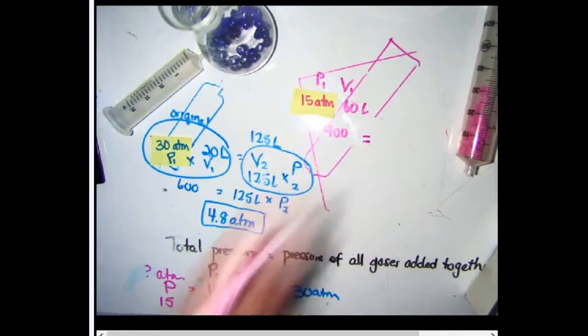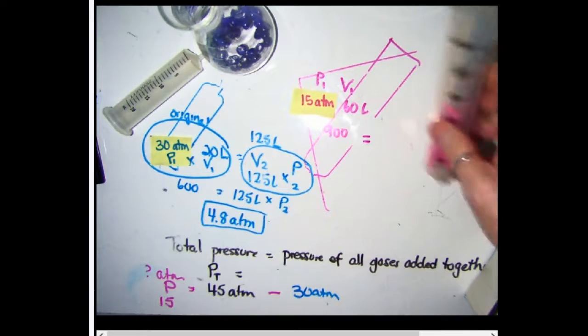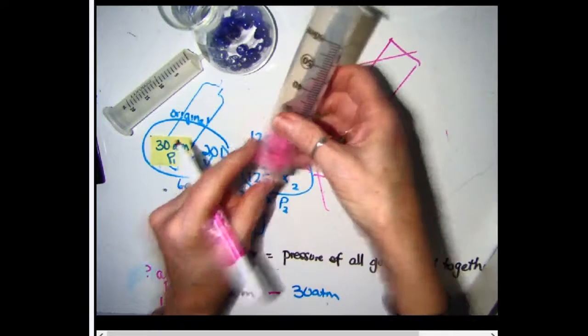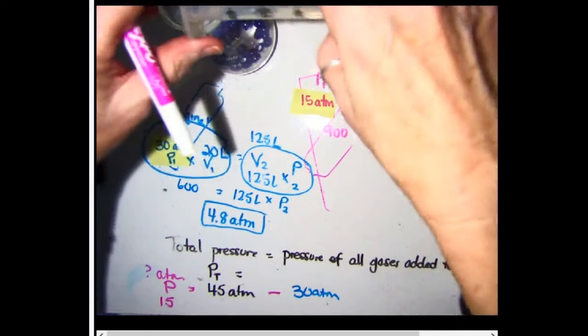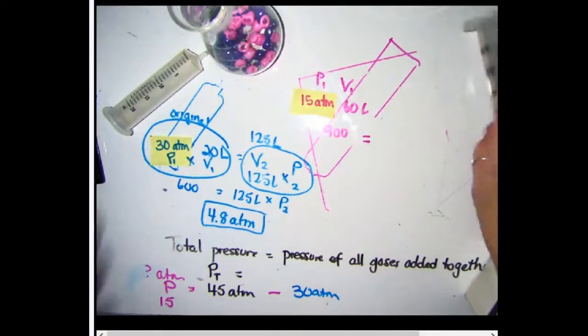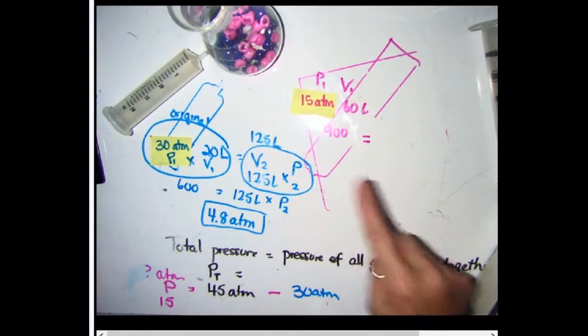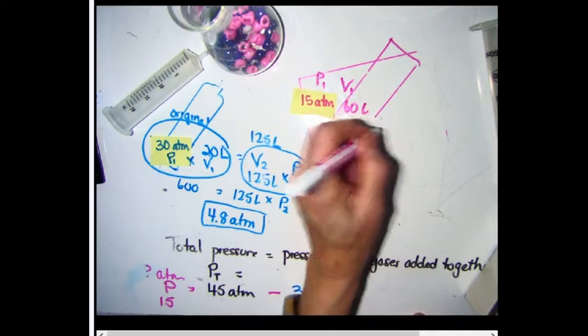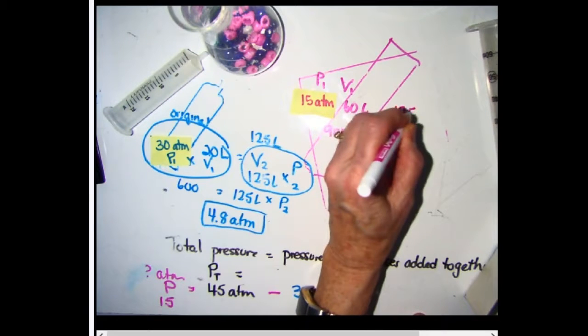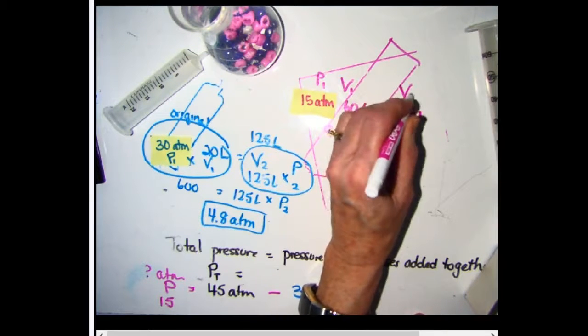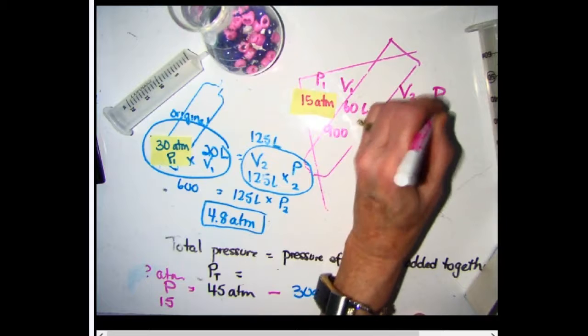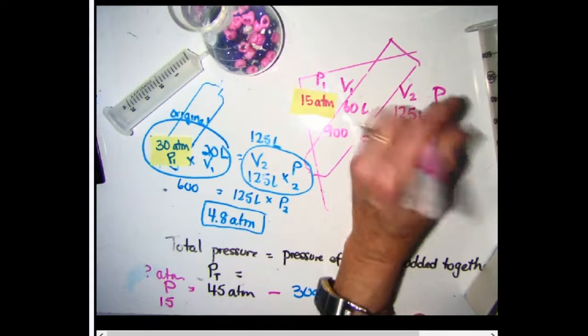So what I'm going to do, guys, is I'm going to add all my gas to the new container. I'm not getting rid of anything. I now have the same amount of gas, but I now have it in 125 liters. This is my V2. I need to find my P2.